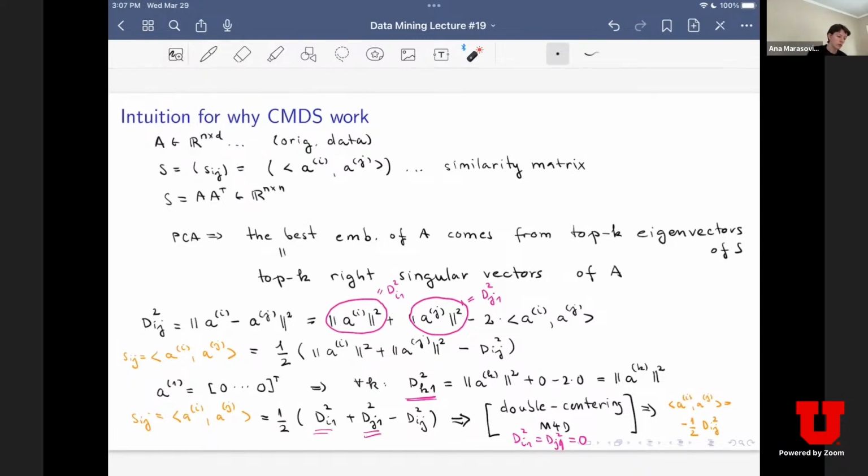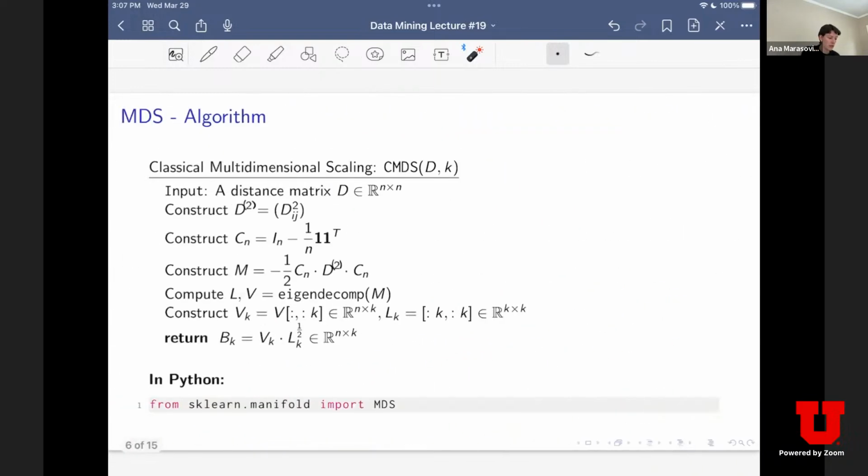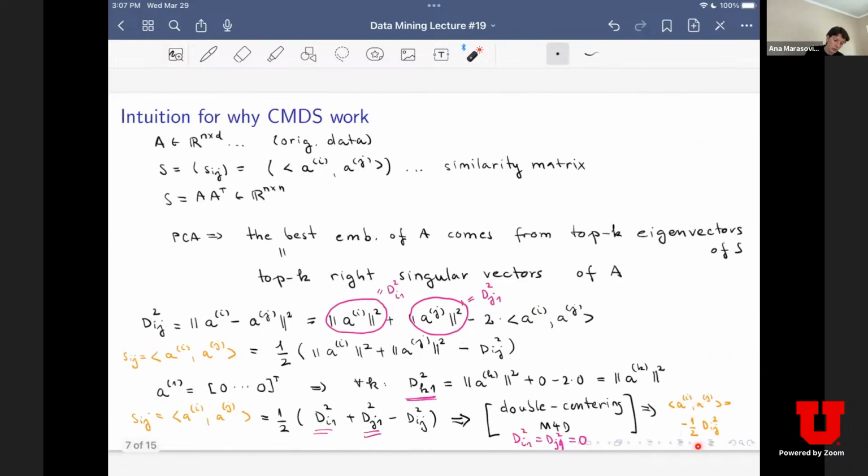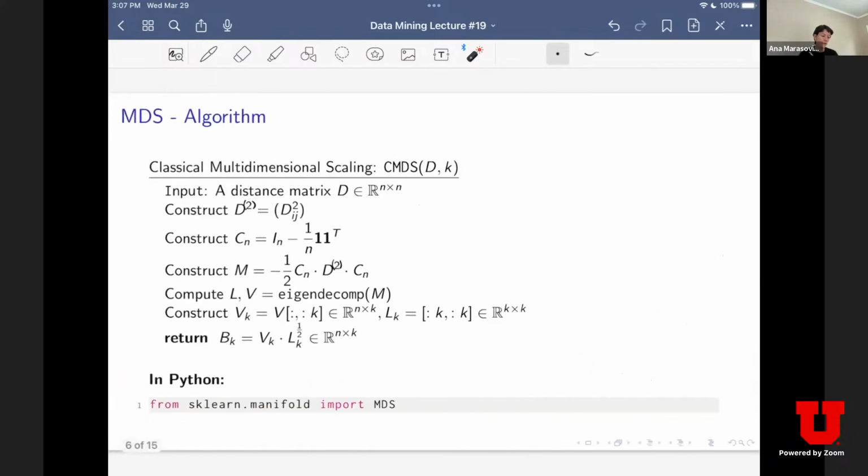And we also know that if we do eigendecomposition of our similarity matrix, we are going to get the best embedding of our original points. This is why, if we produce a matrix M by doubly centering the distance matrix and multiplying it by -1/2, we can, through eigendecomposition, get the best embedding of our original data.